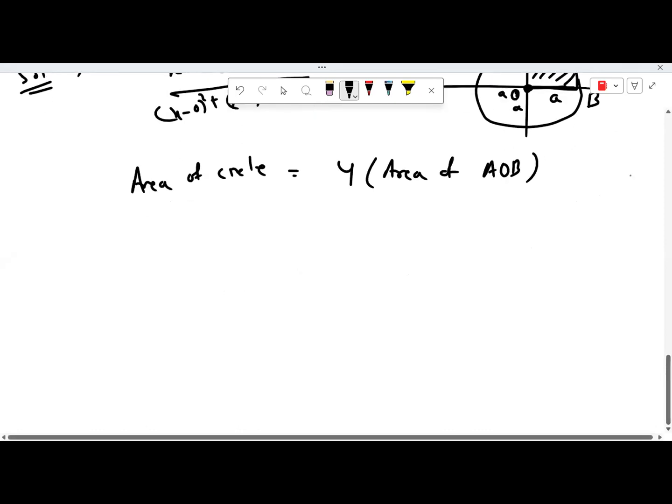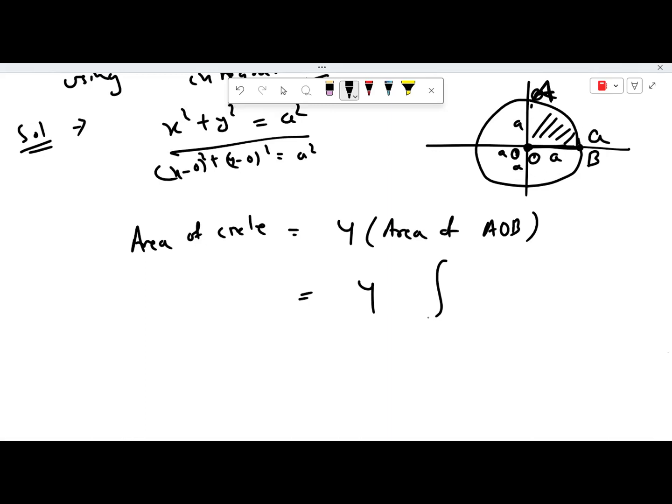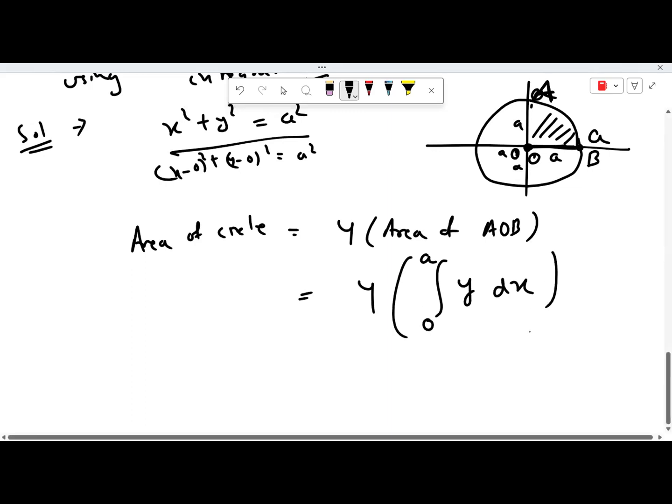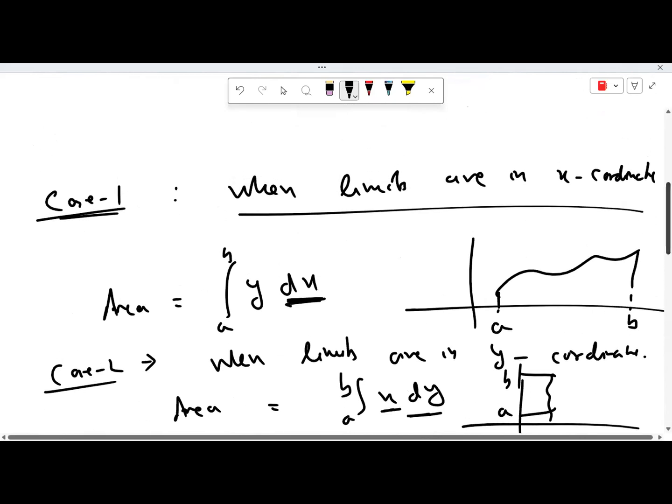Now let's try to find this area AOB. How do we do this? 4 times integration. This coordinate is 0, this coordinate is a. So 0 to a, we have put the limits in the x coordinate, so we will write y dx. Previously we said when limits are in the x coordinate, you will write integration of y dx.